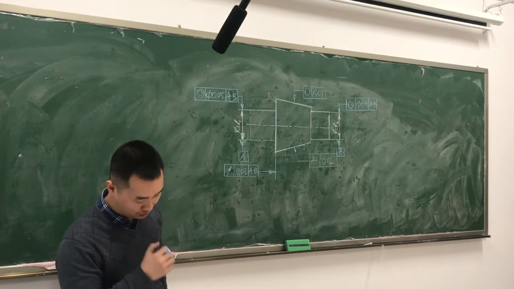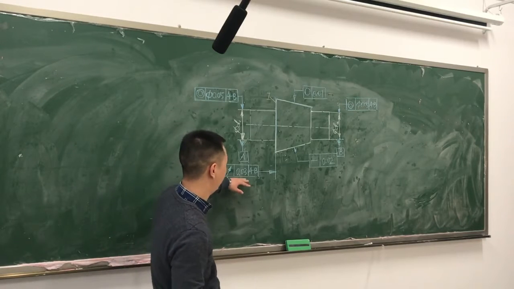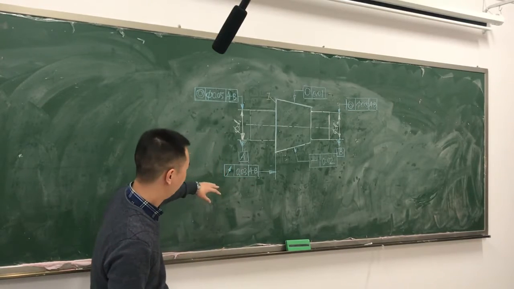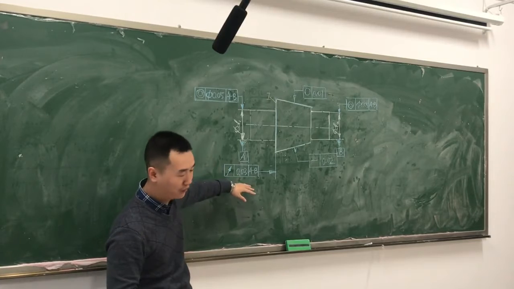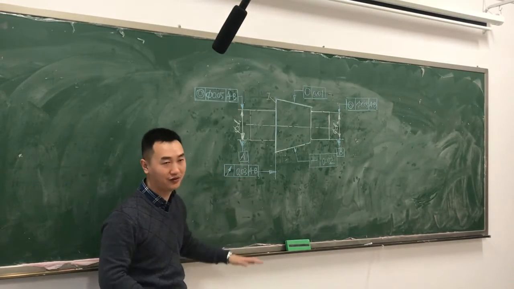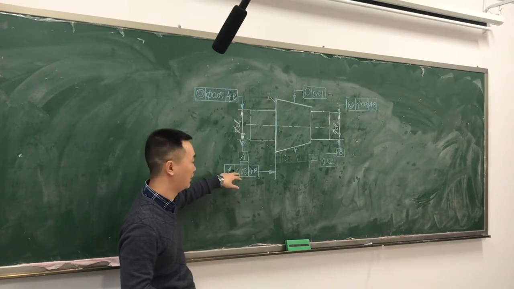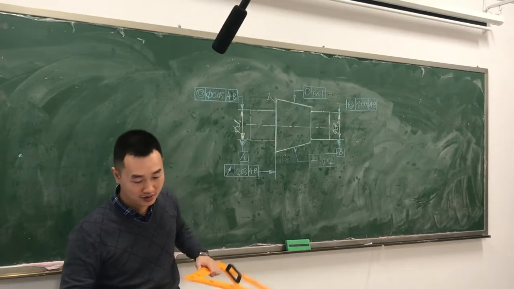So we should not put a phi before the tolerance value. Just remember, for circular run-out, no matter what kind of type, you do not need to put a phi before it. Okay.